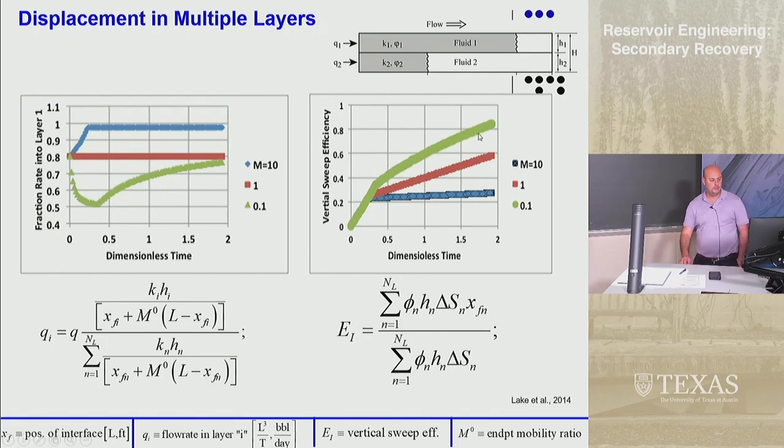And that was because of the reasons over here, that at the same time, let's say a value 2, instead of having 99% of the flow in there, you've got considerably less that was in layer number 1. So it's sweeping all the layers well, and you get a high sweep efficiency. If the mobility ratio is 1, then you get this. If the mobility ratio is 10, then you get very poor vertical sweep efficiency.